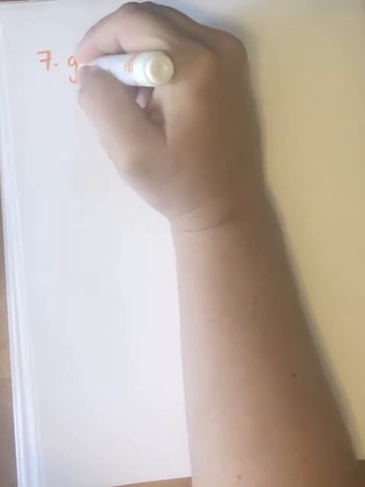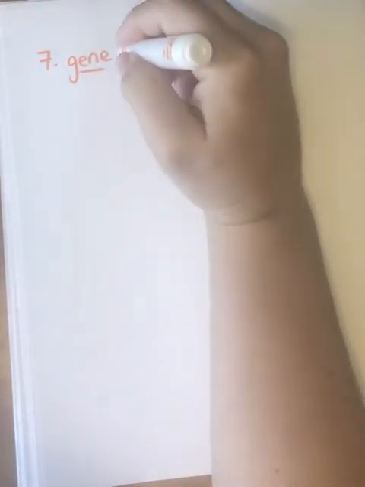Couple more definitions. Definitions that you'll need to understand. I'm going to change markers. We are on number 7. When we say the word gene, genes are in your genetics.